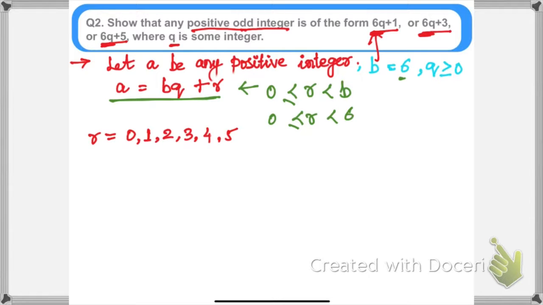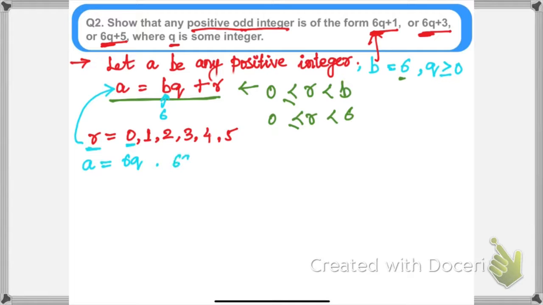Now putting the value of r in this equation, we'll put the value of b as 6, and one by one we'll put the value of r. So what will we get as the values of a? A will be equal to 6q when the value of r is 0.